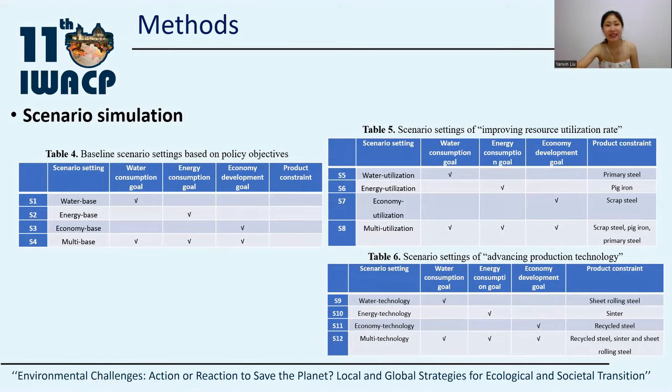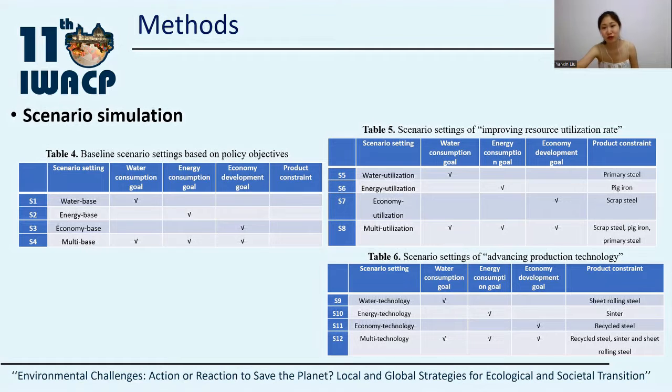To predict the development of the Chinese steel industry chain, we also set some scenarios. Table 4 is the baseline scenario, which is only focused on water or energy or economy in each dimension. And table 5 and table 6 are the 2 series of scenarios, which are focusing on improving resource utilization rate and advancing production technology.